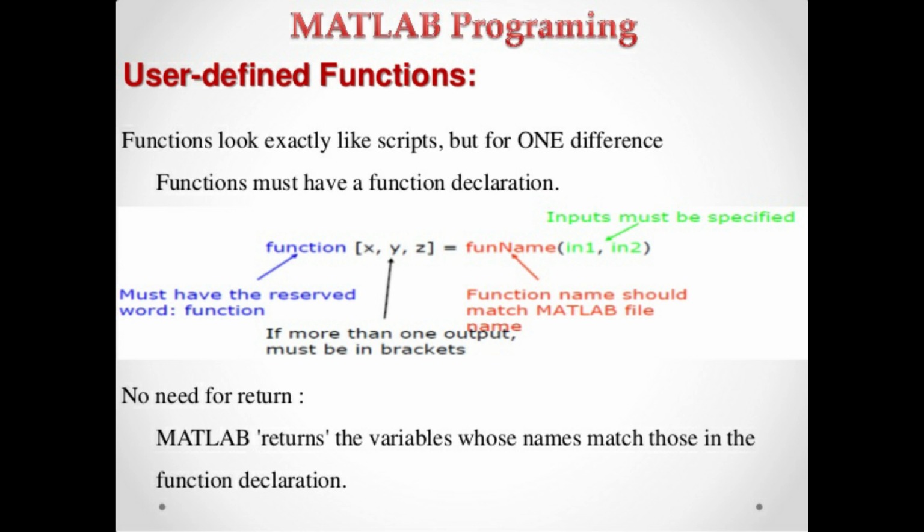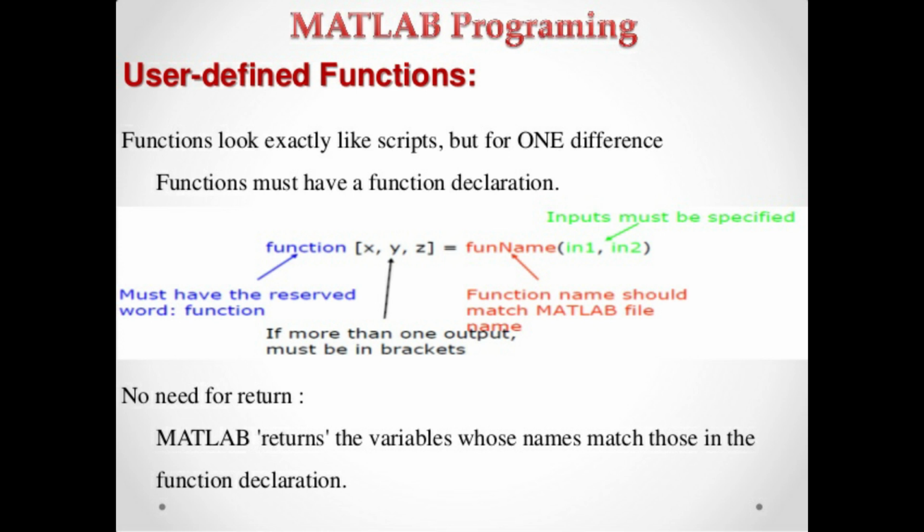Functions. If you want to start a method, then your declaration should be the keyword function, then square brackets; whatever you write in that square bracket will be the output of that method, equals some name.